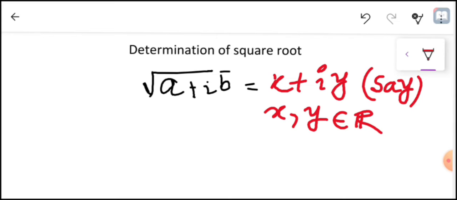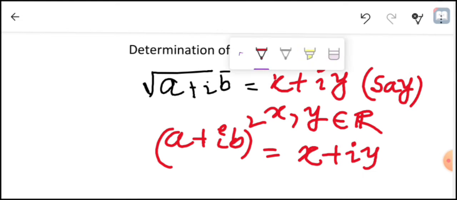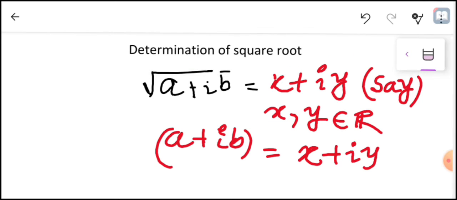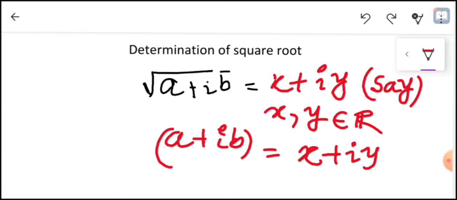Now by squaring both sides we get a plus ib is equal to x plus iy whole square.